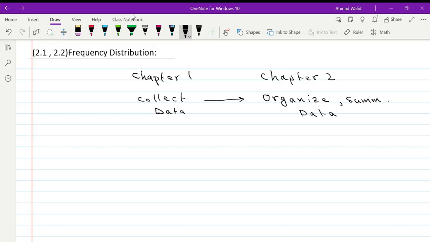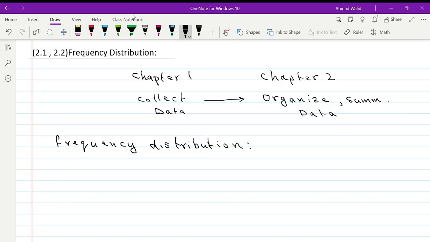Then what is frequency distribution, correct? What is that? What does it mean?